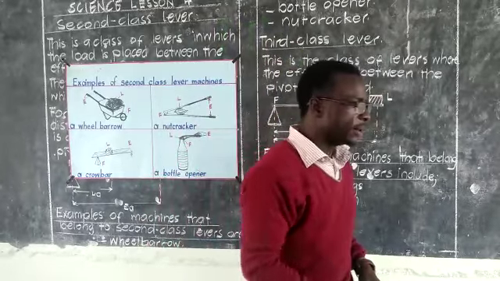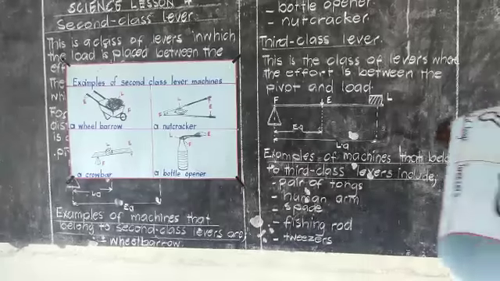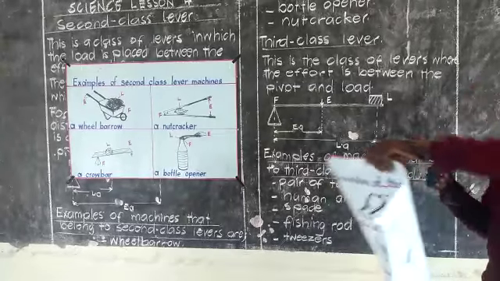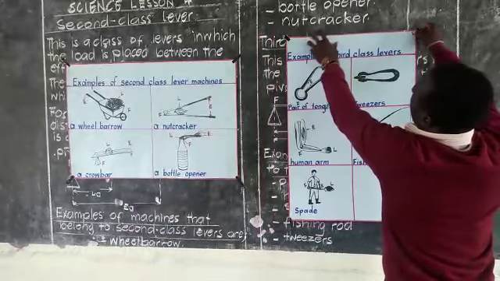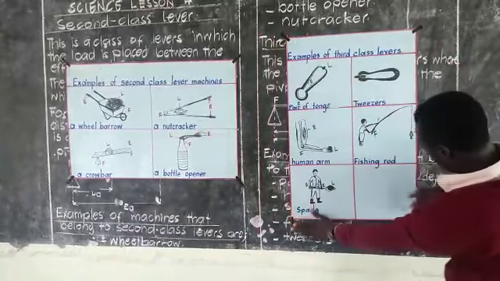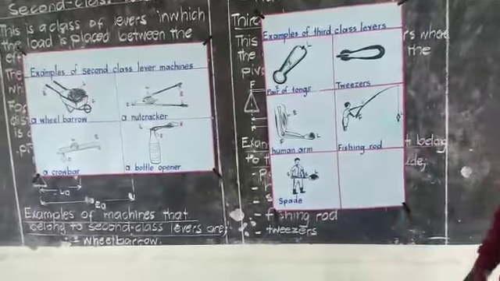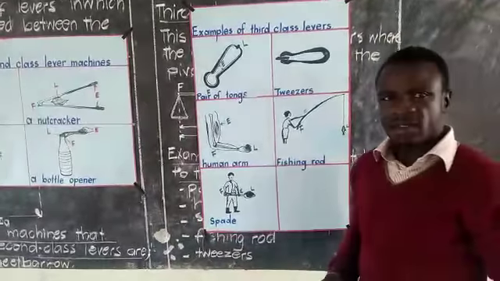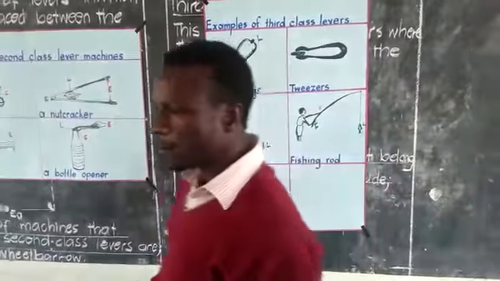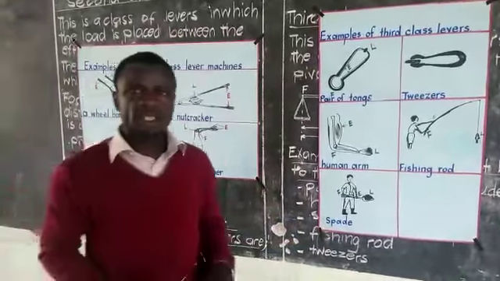My dear learners, we have a chart from where you will have to draw the examples of third class levers. How do you know that the effort is in between, or how do you know which class of lever a machine belongs to?